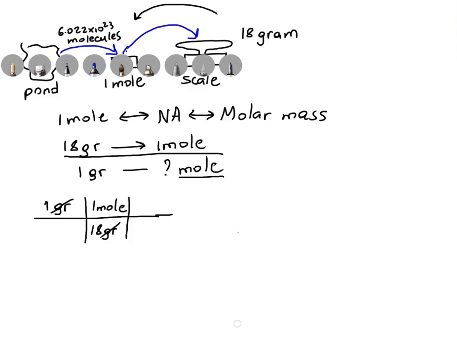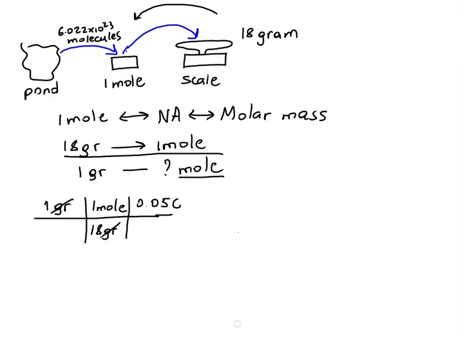So I'm just going to rewrite it here properly: 0.056 gram. When you have this kind of equation, you always need to cancel those units. That's why units are very, very important.